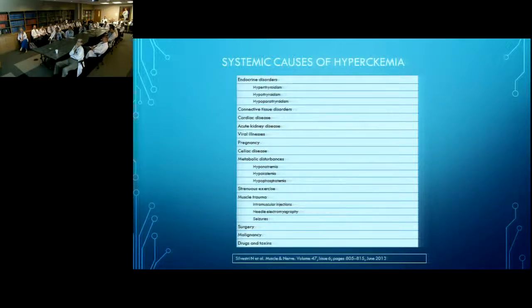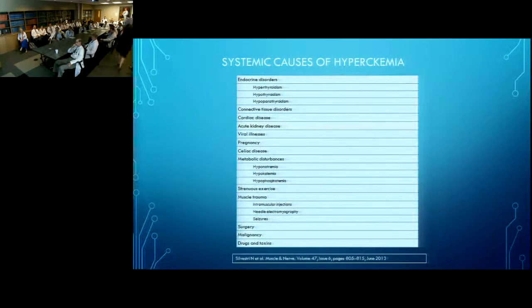Some examples are connective tissue disorders. We know that they can cause myositis and therefore increase the CK levels. Some endocrine diseases like hyperthyroidism, hypothyroidism, or hypoparathyroidism can also lead to damage of the muscle fibers.